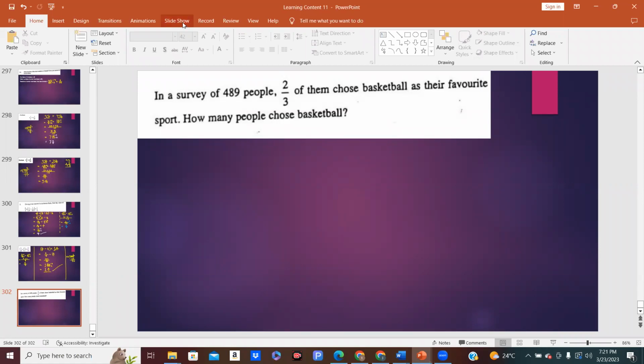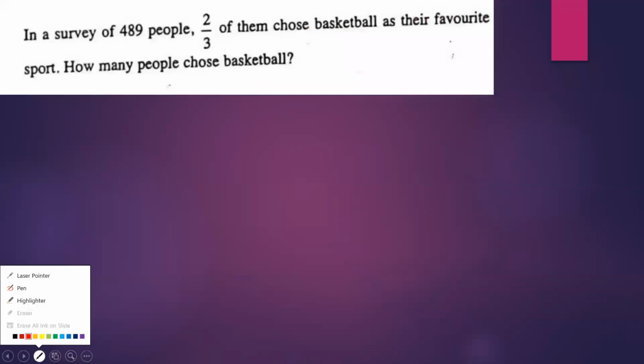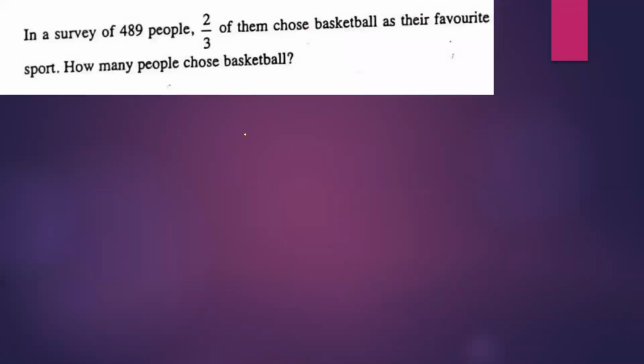We multiply because they say "of", right? So 2 over 3 multiplied by 489 over 1.